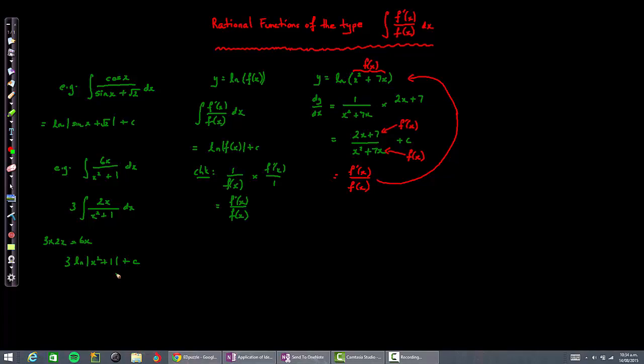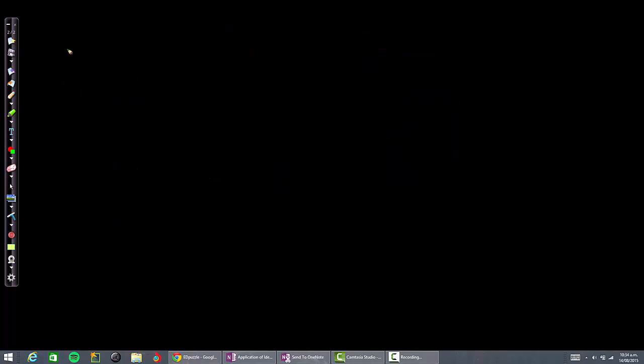Okay, what about another example? Let's go to another page. Let's call this example 3. What happens if we had some sort of exponential function on the bottom?